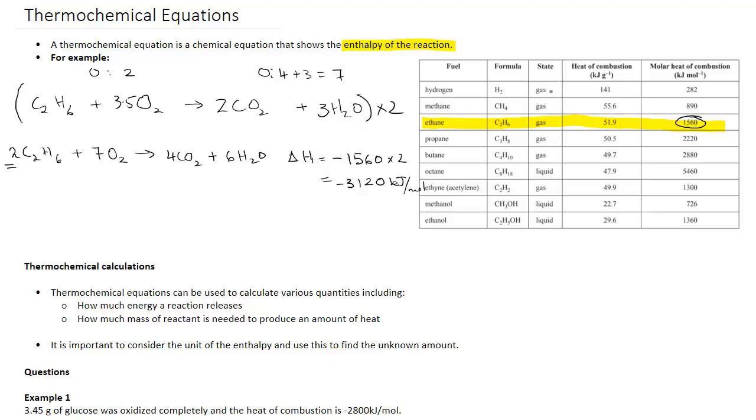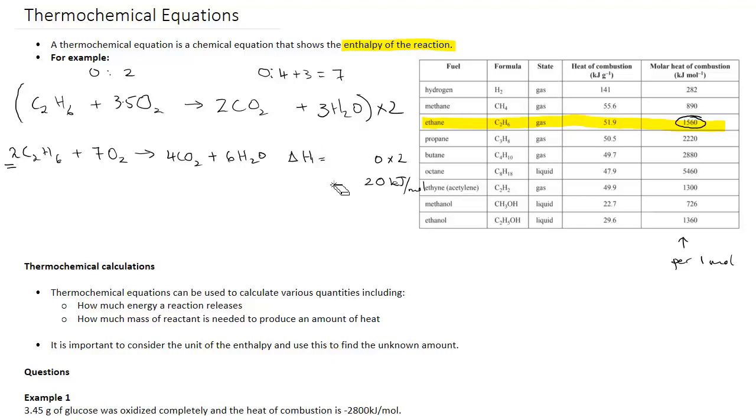This table that you're provided from VCAA is always per 1 mole. So in this situation our value changed because it's 2 mole.